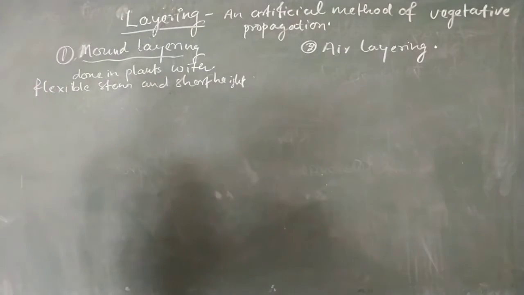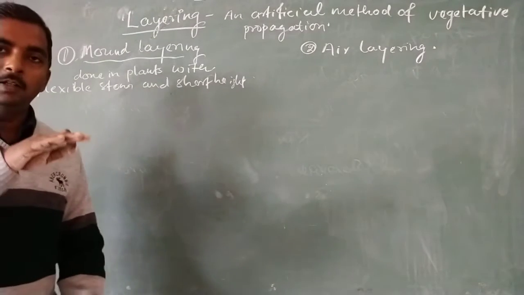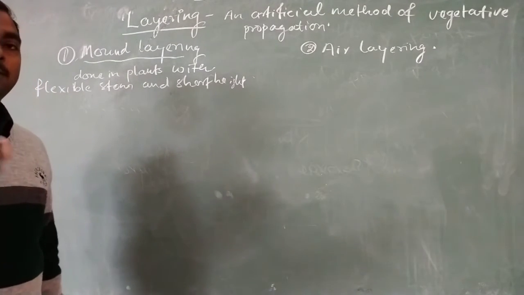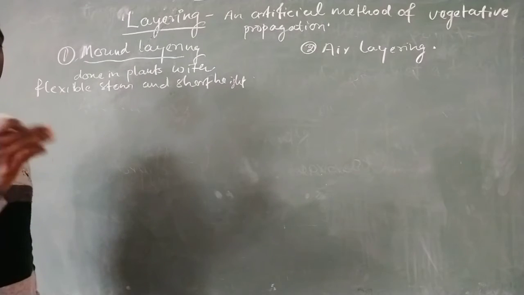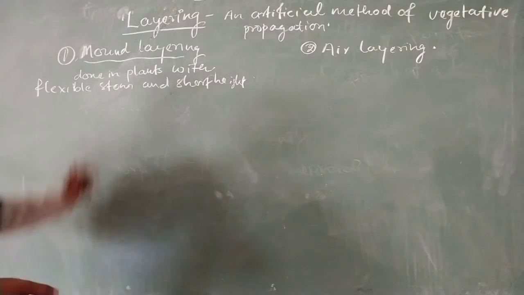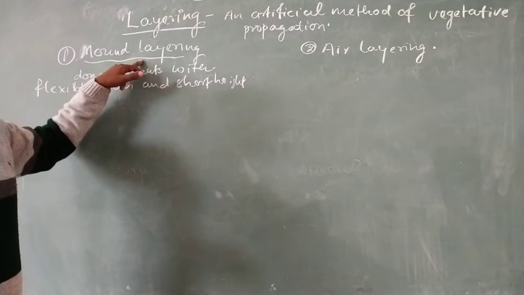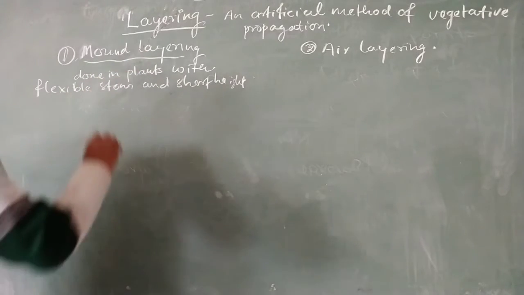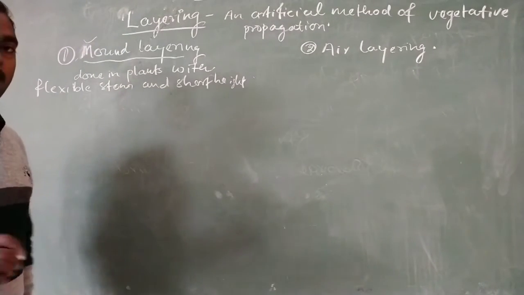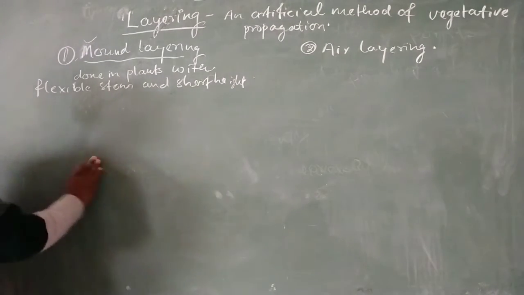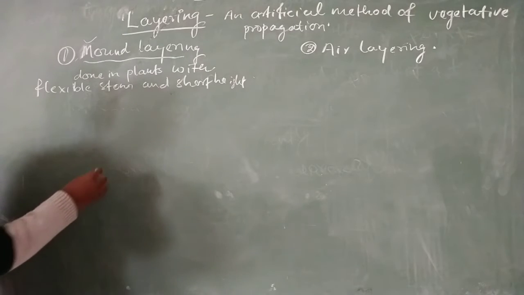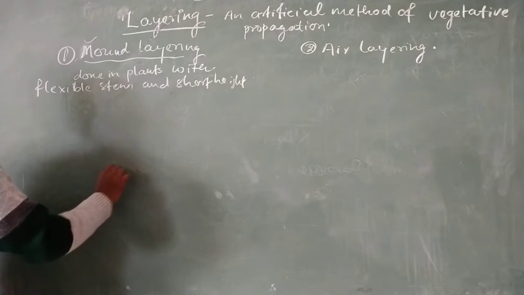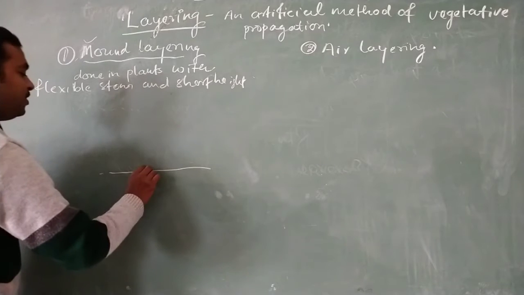Means the plant having small height with their flexible stem, means they can be bent easily. So in that kind of plants, the layering takes place known as mound layering. And how can the mound layering take place? So we understand with the help of a diagram, taking an example of jasmine plant.